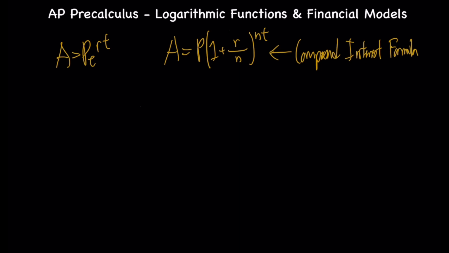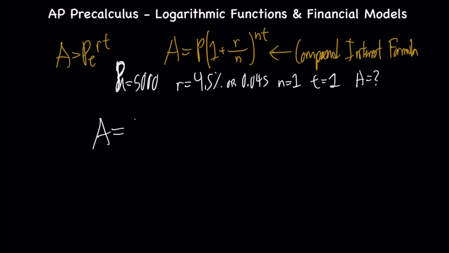There's a few scenarios we have. Let's go over the variables first. P represents the amount of dollars you're initially investing. R is the rate that is being compounded. N is how often it's being compounded, like annually, semi-annually, quarterly, monthly, daily, or continuously. T is time, typically measured in years. And A is the amount of money calculated from this formula.